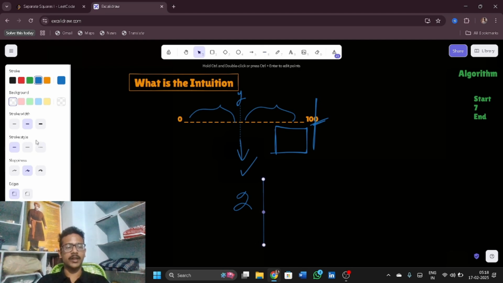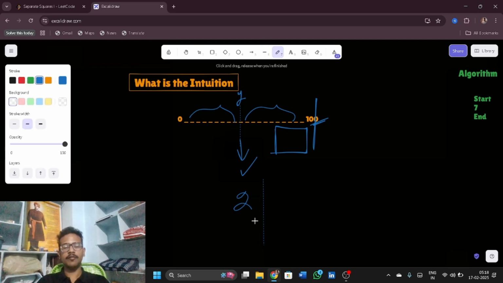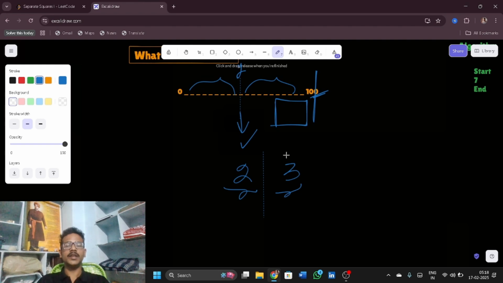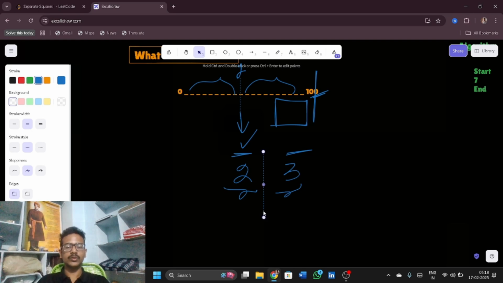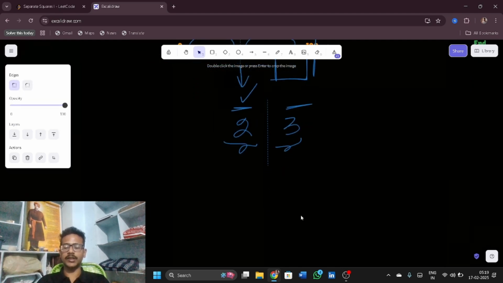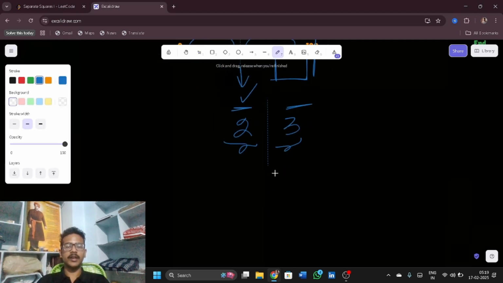This line is breaking here, and the left area is 2, and the right area is 3. Now 3 is greater than 2. So what will I do? I'll go to the middle, that means this side, so that it will break and I can get something in the middle. So my intuition is, and take another example where I have 5 here and something like 2 here.